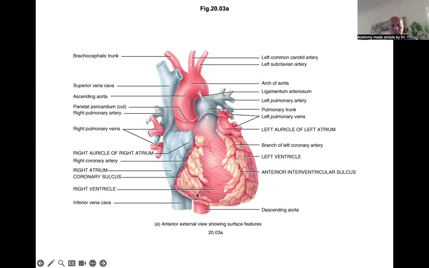And before we move on to the next slide, I also want to make sure that you understand that there is, even in the healthiest individual, a little bit of adipose tissue that may be covering part of the heart surface. Nothing to worry about. This is just one extra space where a little bit of additional adipose tissue could be deposited. It does not necessarily affect the heart and its health.